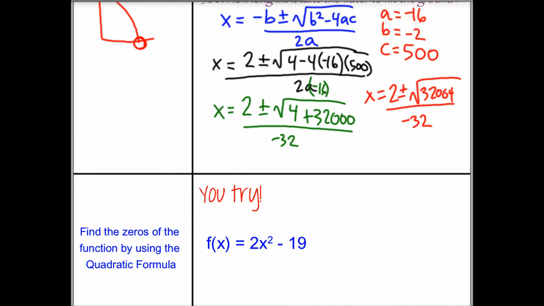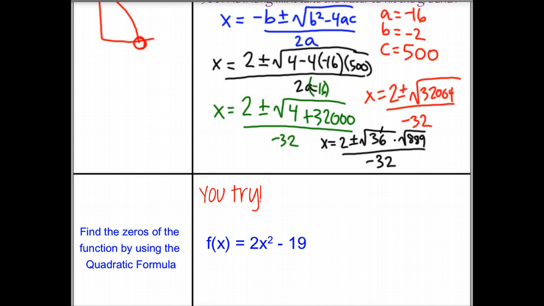So I want to break it down into x equals 2 plus or minus the square root of 36 times the square root of 889. Go ahead and check my math if you don't believe me. I did it on a calculator.